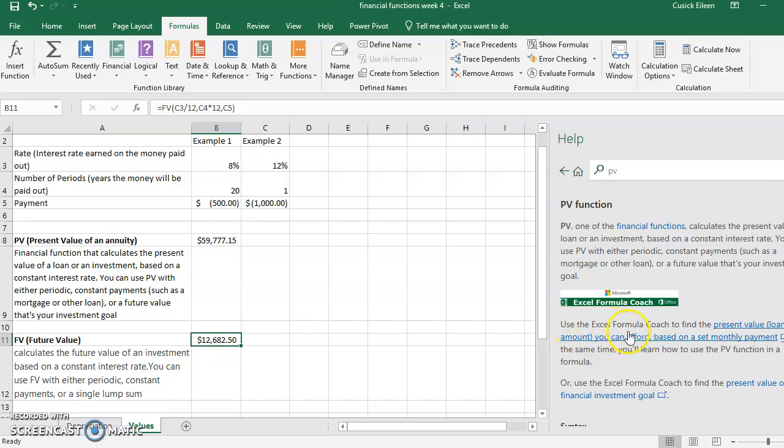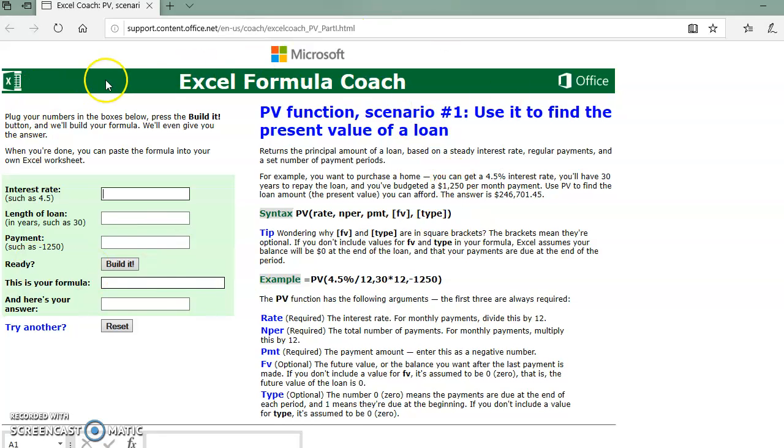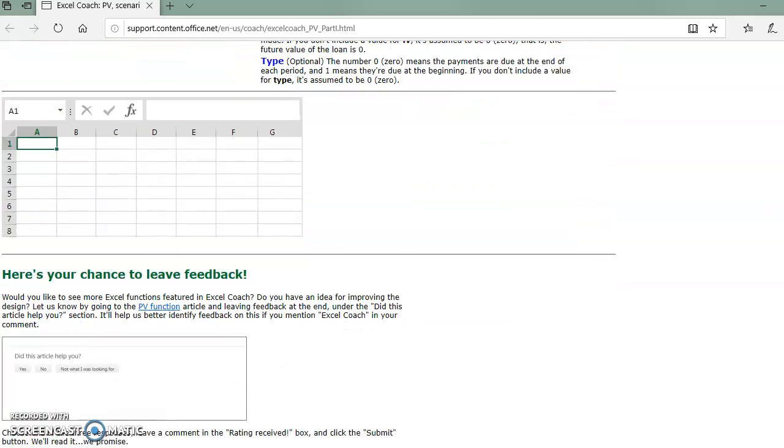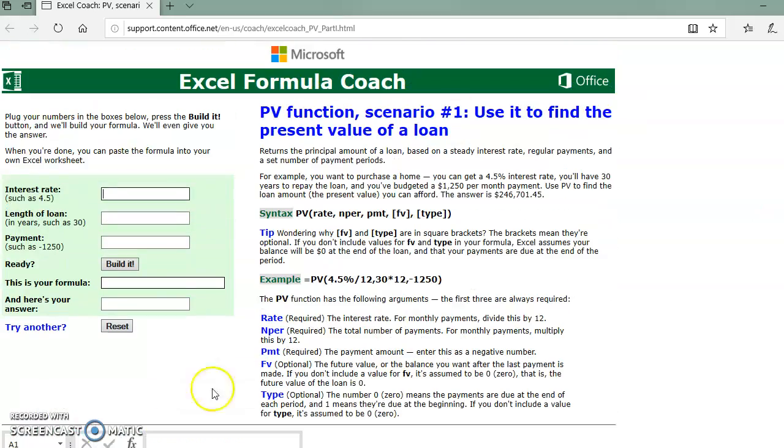You can use the Excel formula coach to find the present value, and at the same time you learn how to use it in a formula. So it's really nice that you have this ability. Take advantage of the formula coaches whenever they pop in, and it will give you a nice setup, and you can just plug your numbers in to see if what you expect is what you're getting.